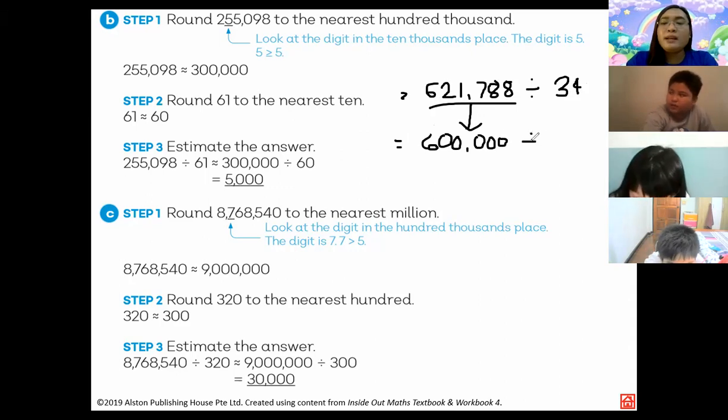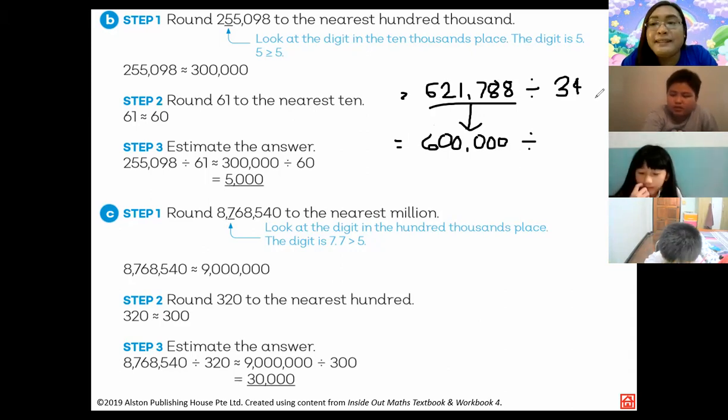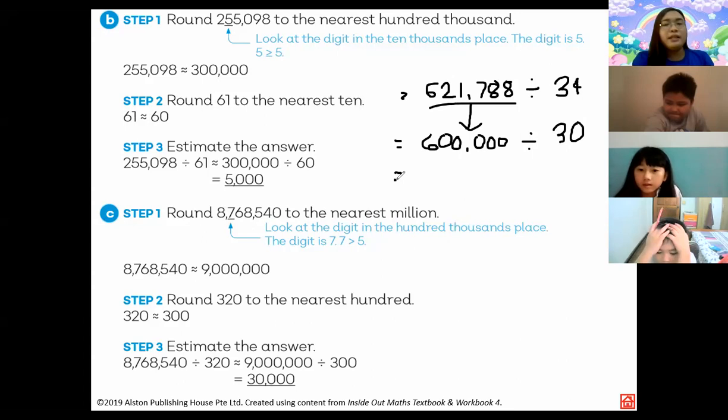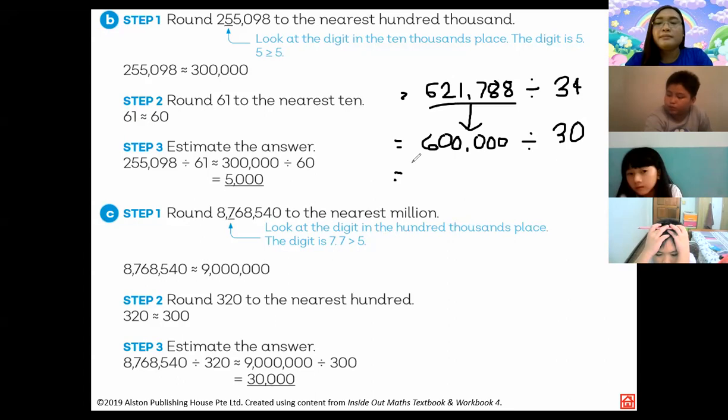And what is the nearest number of 34? Nearest 10. 30. Okay. Now, 600,000 divided by 30. 20,000.